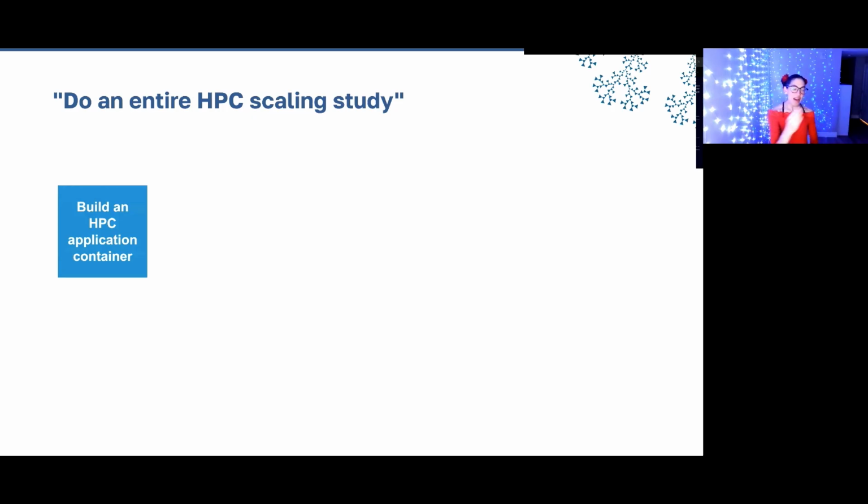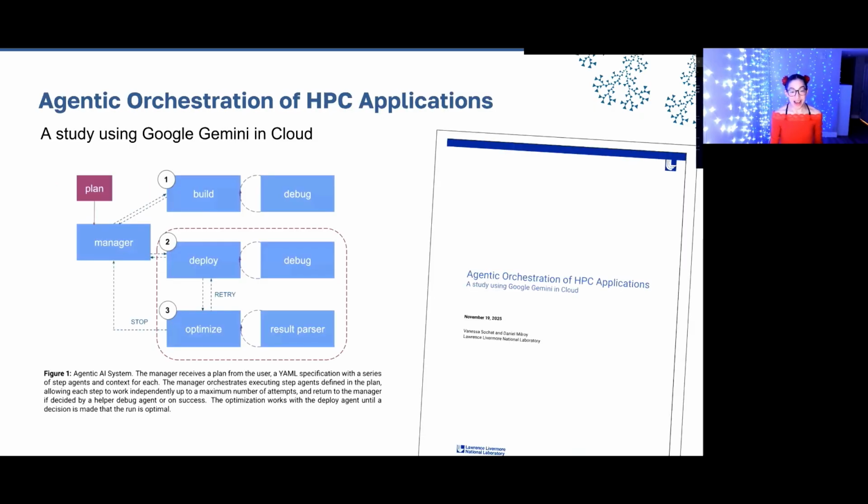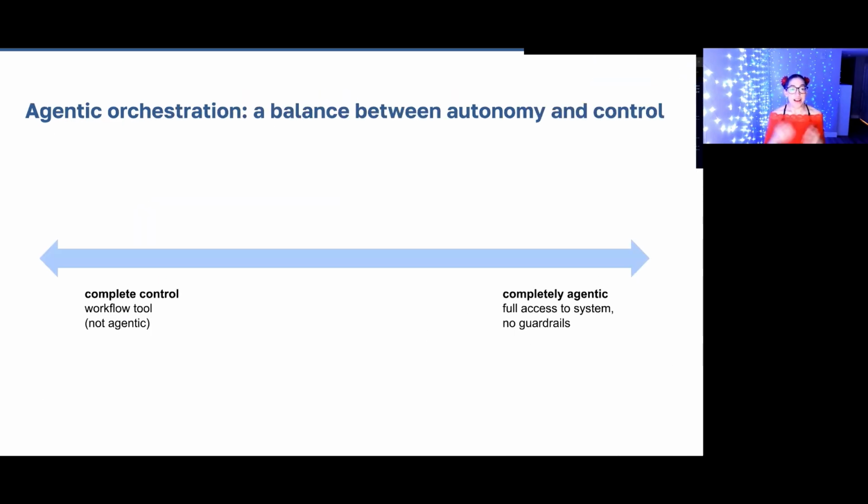So that means building an HPC application, deploying it to Kubernetes, optimizing it, and then running the entire orchestration. It seemed like a really big ask at the time, but it worked immensely well. And this was our first white paper that we wrote at the end of 2025. We designed this agentic AI system, this agentic AI team, and we're going to talk about this a little bit later.